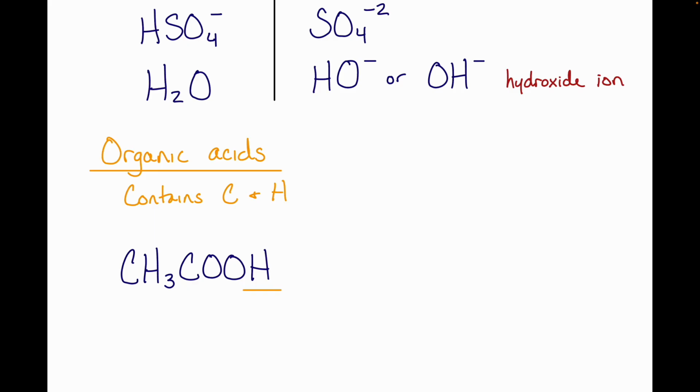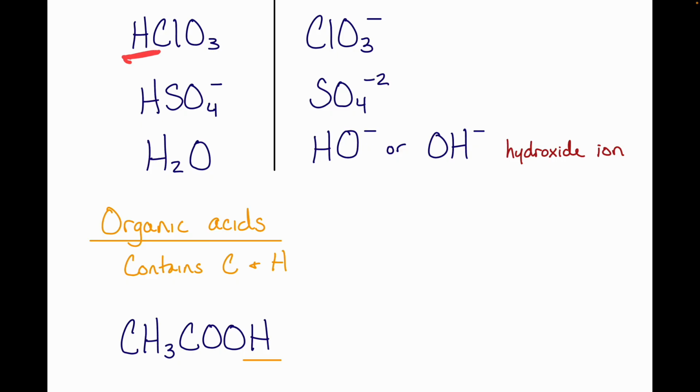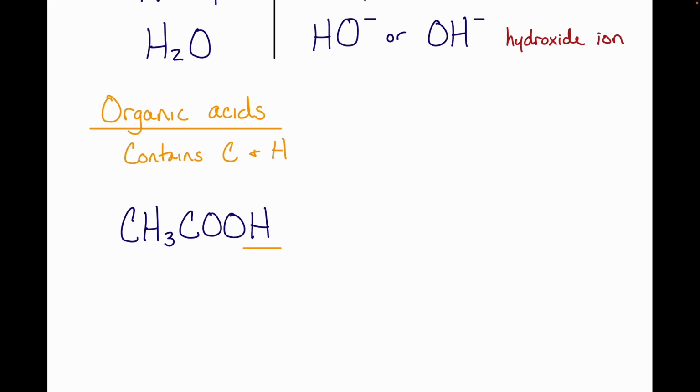Okay, so what we're going to do is make a note here that in these formulas for our acids, that donatable proton is always listed either first in the formula or last in the formula. That's the one that you're going to get rid of when you're creating your conjugate base formula.